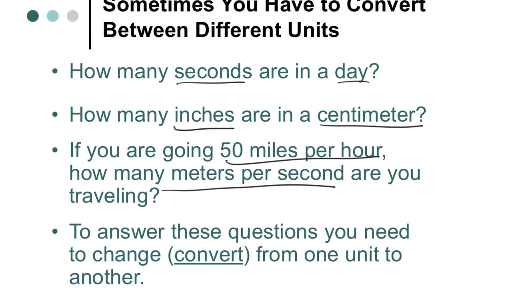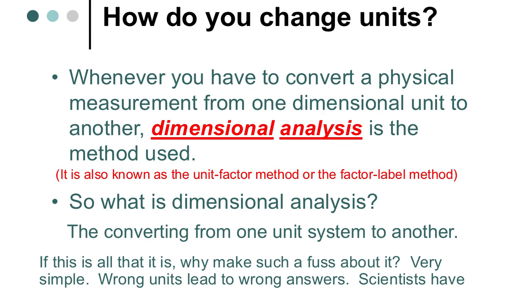Okay, we are going to learn how to do that by a problem-solving strategy that will really help you in chemistry. That problem-solving strategy is called dimensional analysis. It's also called the unit factor or the factor label method.